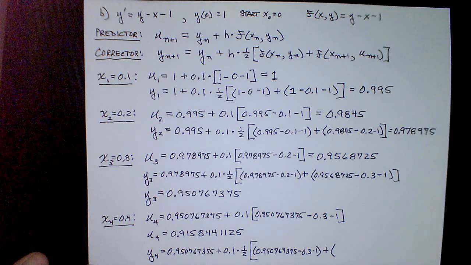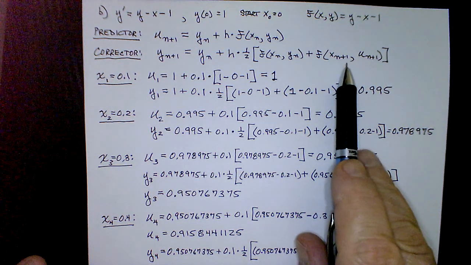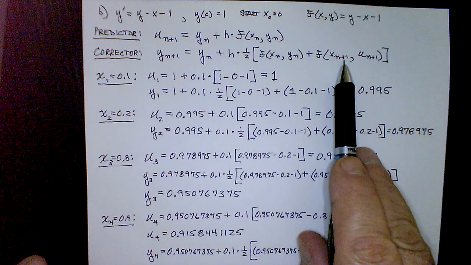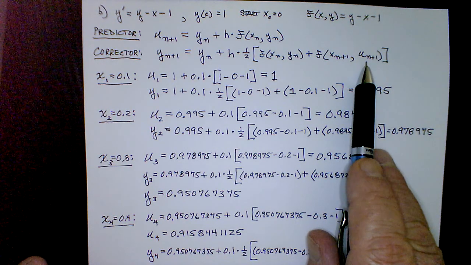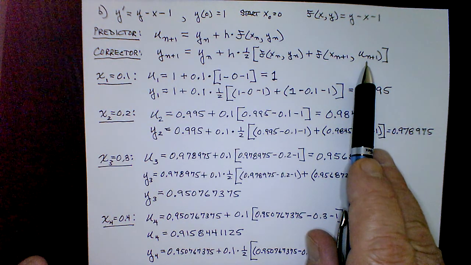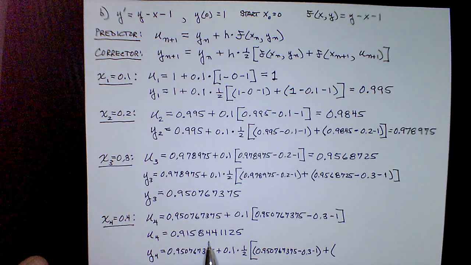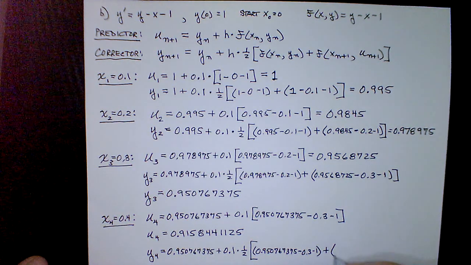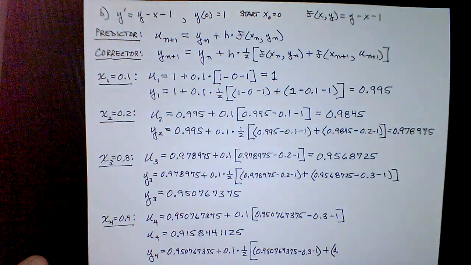Okay, now is where we have to be careful. And we're thinking of the new slope, that is the new x value and the y value replaced by the predictor we just found. So u sub n plus 1 was the 0.9158441125. So that's our y value, because we're doing y minus x minus 1 again.